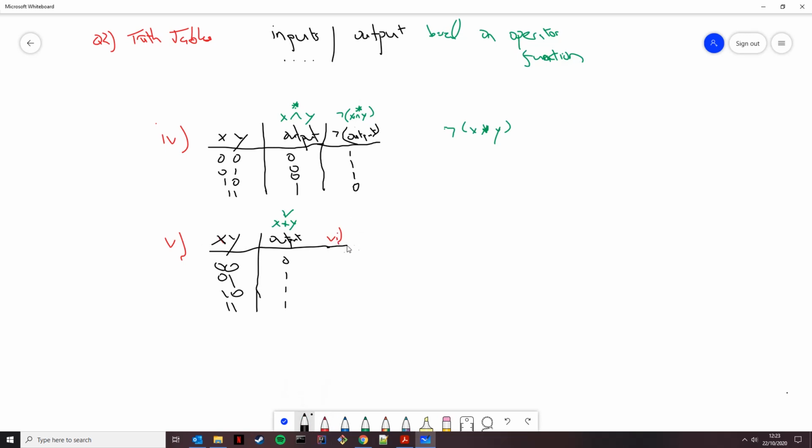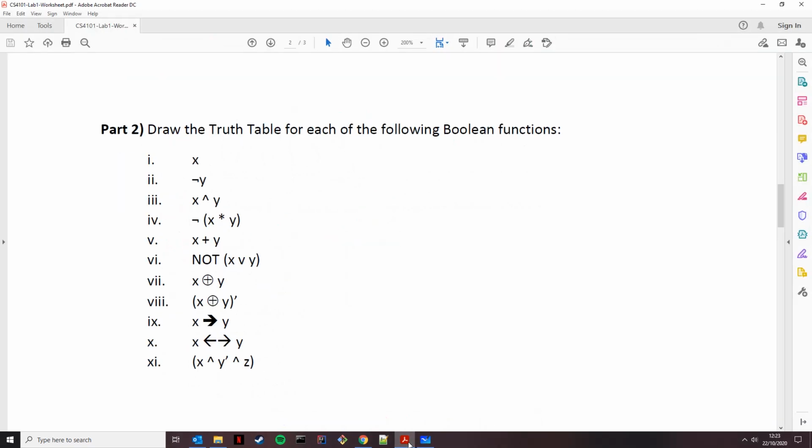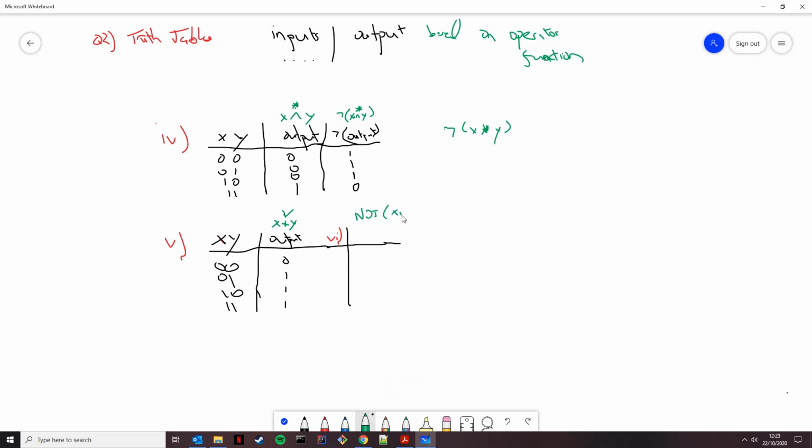So this is not X or Y. Now, this not, as we saw in the last, is the same as this symbol here. We're just interchanging the symbols to show you all the different options that you can see when you're reading about this type of thing.